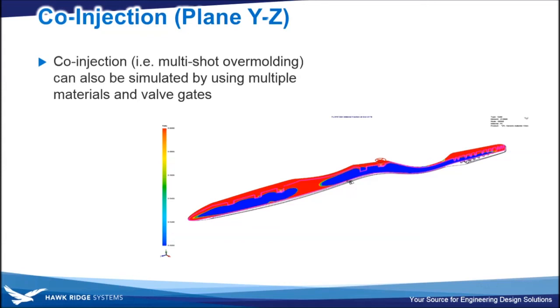And so by timing when the gates turn on and off, we can simulate how those two materials flow together and mix, and whether or not they bond based on their heat transfer as well. And of course, it can help you figure out how quickly you could make that and when to turn on and off the injection of the different materials.